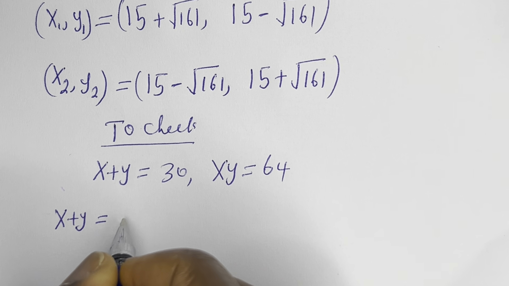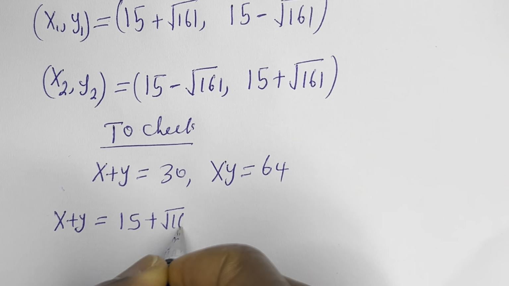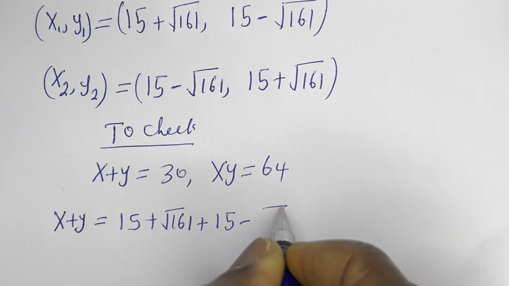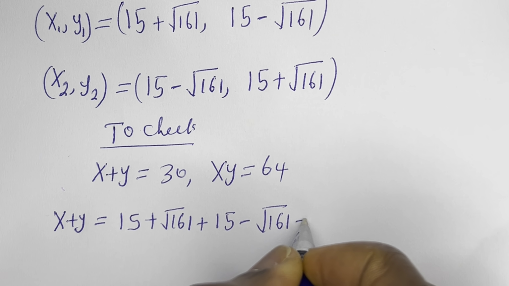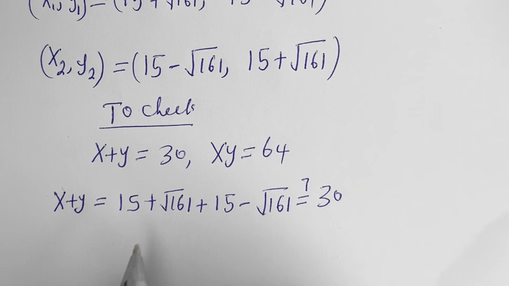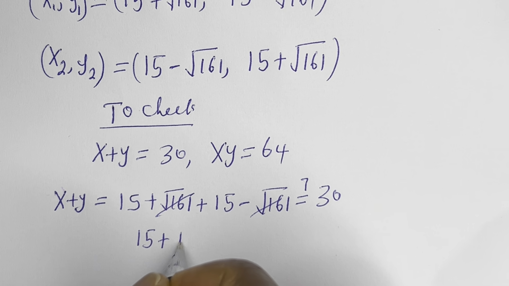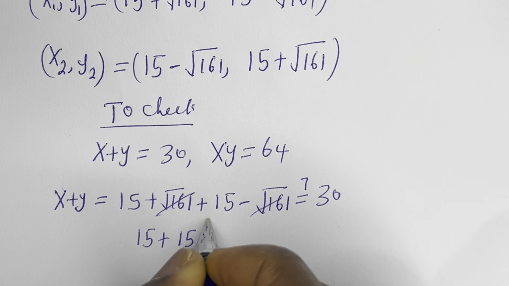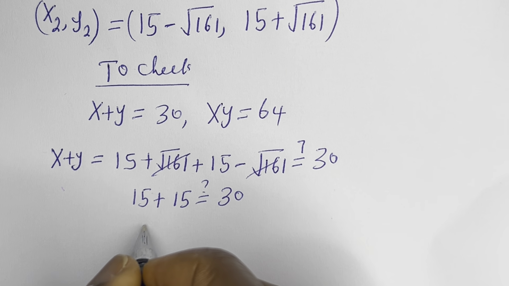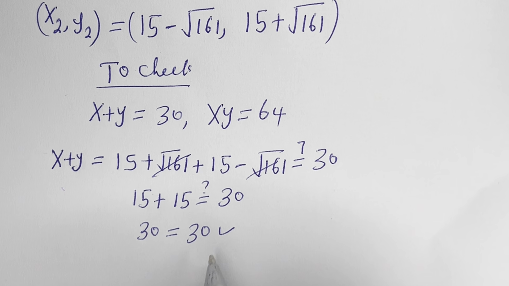This is equal to 15 plus square root of 161 plus 15 minus square root of 161 must be equal to 30. Then this, we cancel this. We have 15 plus 15 must be equal to 30. 15 plus 15, this is 30, is equal to 30, which is true.